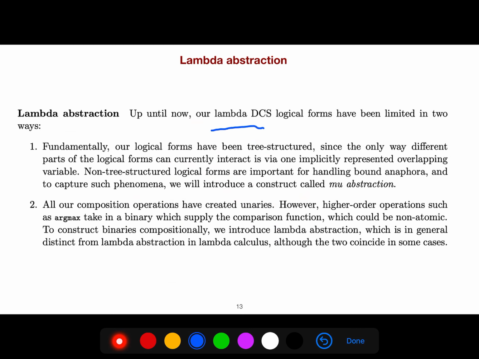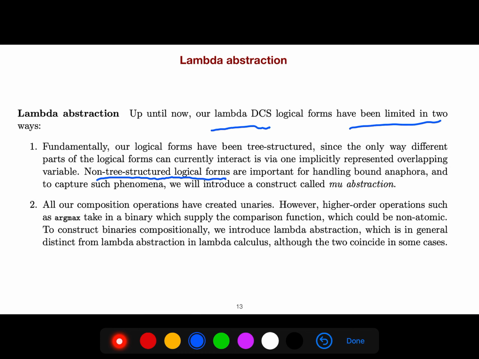So until now, our Lambda DCS have been limited in two ways. Fundamentally, our logical forms have been tree structured, since the only way different parts of the logical forms can interact is via one implicitly represented overlapping variable.